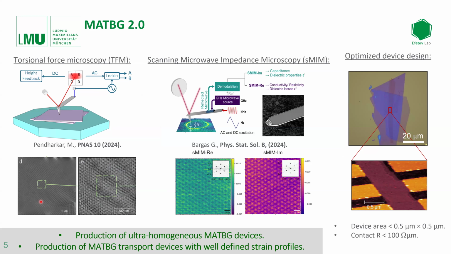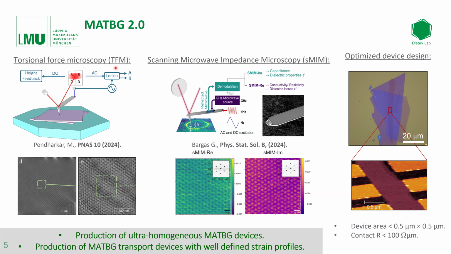And so right now, what we're investing heavily in in our group is deterministic imaging of the moire during the fabrication process, and also after the fabrication process has been done, in already fabricated moire devices. Here, two imaging techniques which we employ in our fabrication processes right now are, for example, torsion force microscopy.